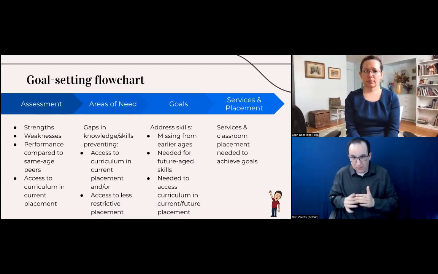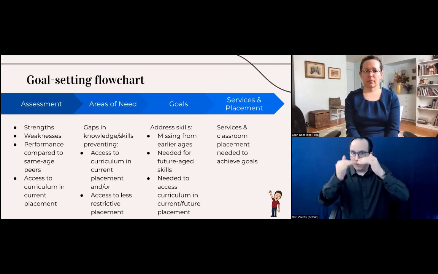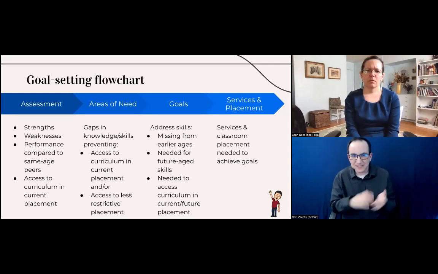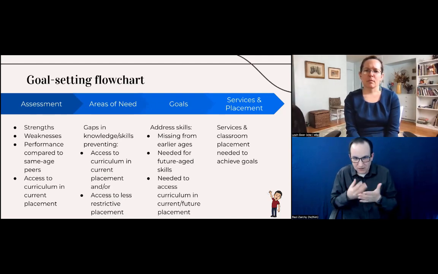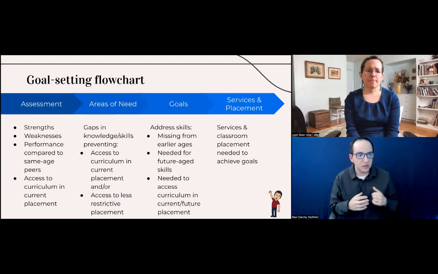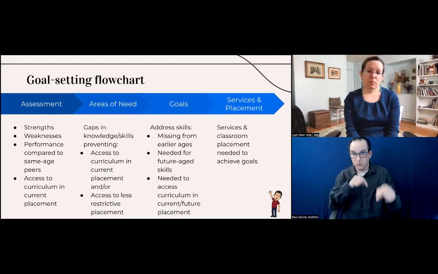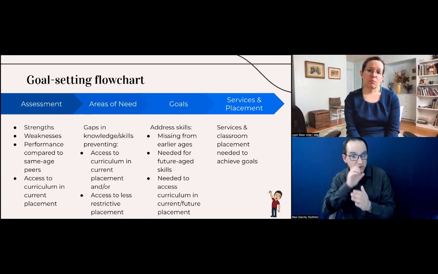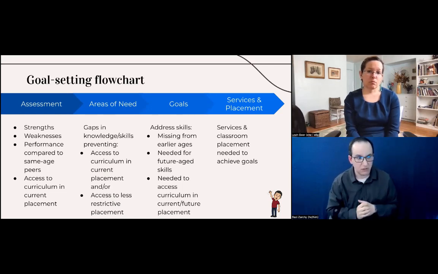So there's some type of gap in those early year skills. It's kind of like a Swiss cheese, just a lot of missing pieces and holes in their learning. So those gaps from those early years, it's significant and important for us to go back and fill those in. And those could be options for goals, or also skills for future needs.